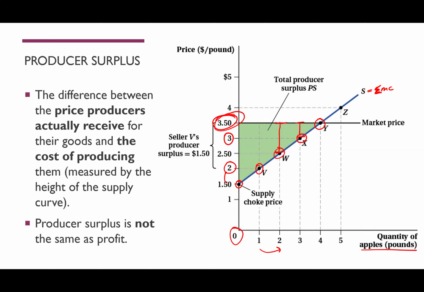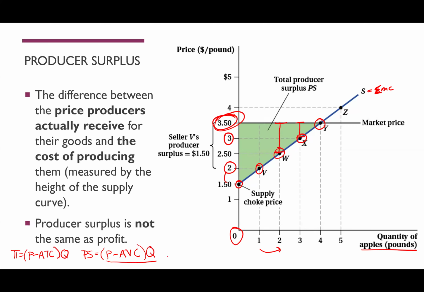Okay. One important distinction you need to keep in mind is that producer surplus is not profit. We discussed this in chapter 8. But just as a reminder, right, profit is total revenue minus total costs, and total cost includes fixed costs, right? And we can rewrite that as profit is equal to the difference between price and average total cost times the amount sold. Whereas producer surplus is going to be the difference between price and average variable costs times the amount sold.